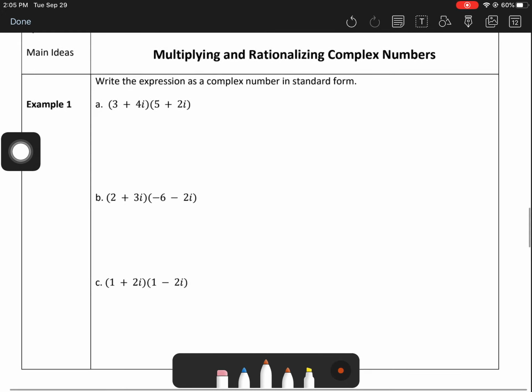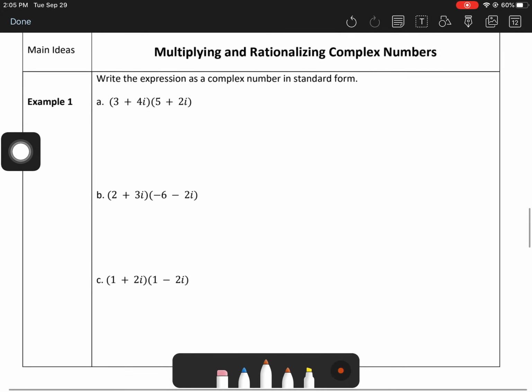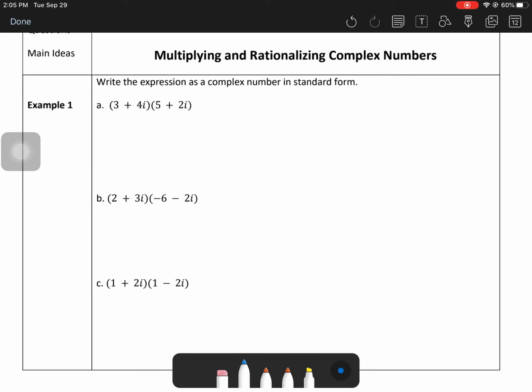Now when we get to the next examples, we're going to do the foiling like we did when we were in Algebra 1 with the distributive property where we take the first times the first. So 3 times 5 would be 15. The outside times the outside, 3 times 2i would be 6i.